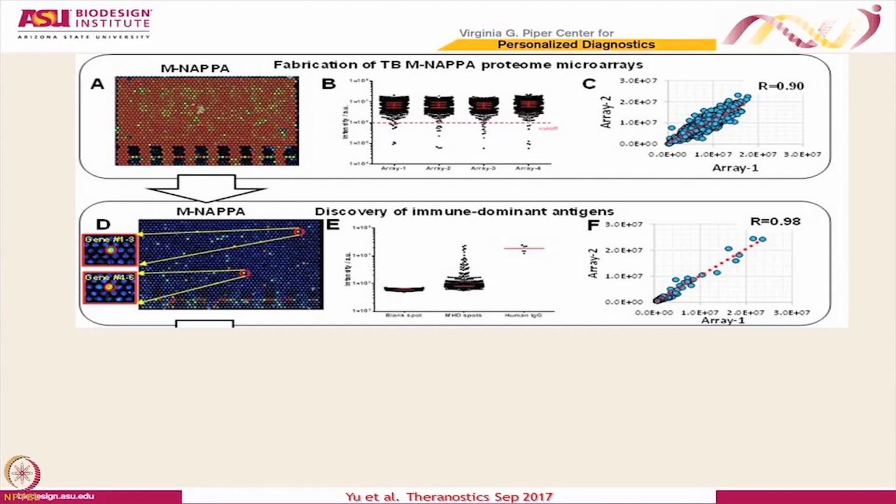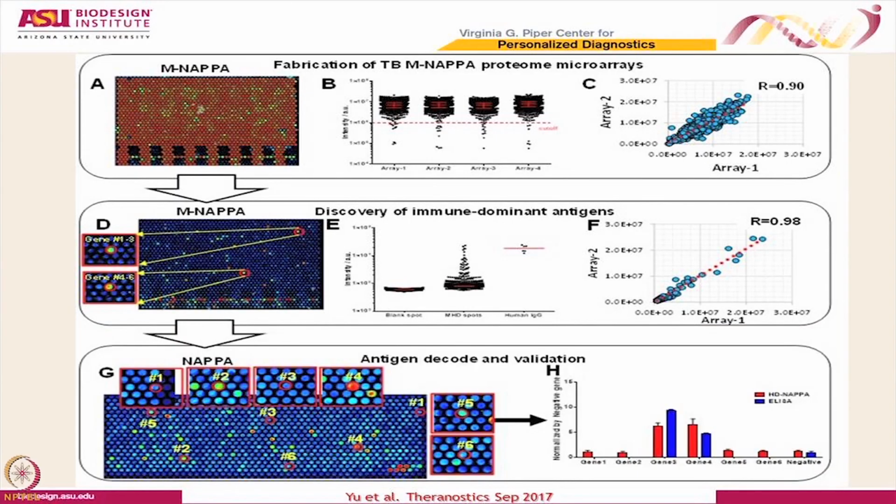This is all sort of quality control stuff. And then after you've got these hits, you take the individual spots that lit up and you break them down into individual proteins the next day to verify that those signals are real, and to deconvolute which spots were positive.